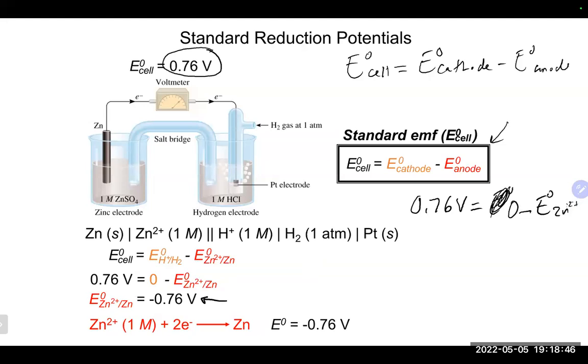Now, this equation can be used to calculate the cell potential or the cell voltage. If you use this equation, you should not change the sign that you see in the actual SRP table.